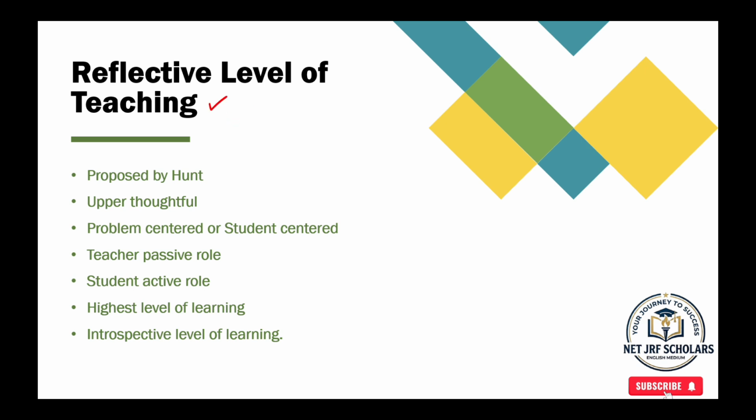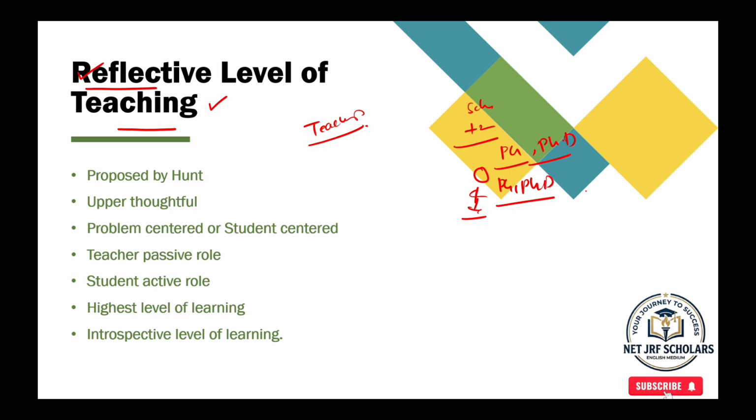Next, we have the reflexive level of teaching. Now you have crossed your schooling, you have crossed your plus 2, and you come to your PG and PhD. We are at this level, the reflexive level of teaching. Imagine the same story, now the student is in PG or PhD.